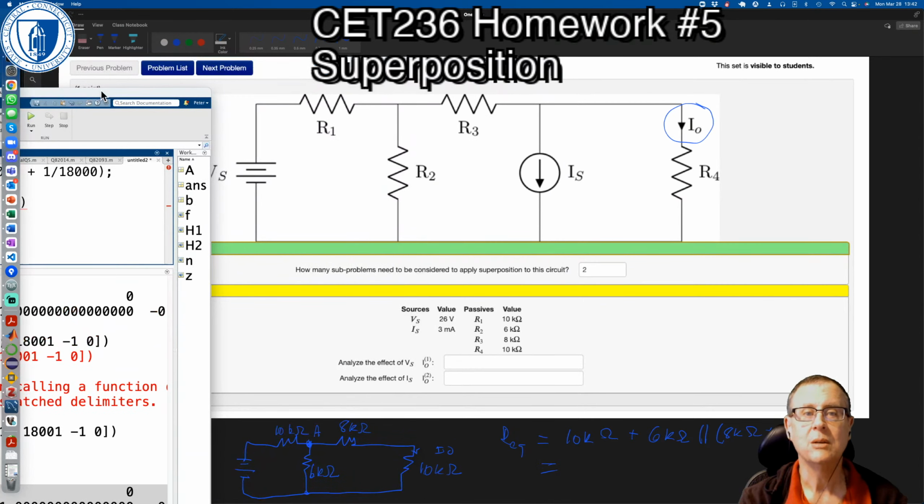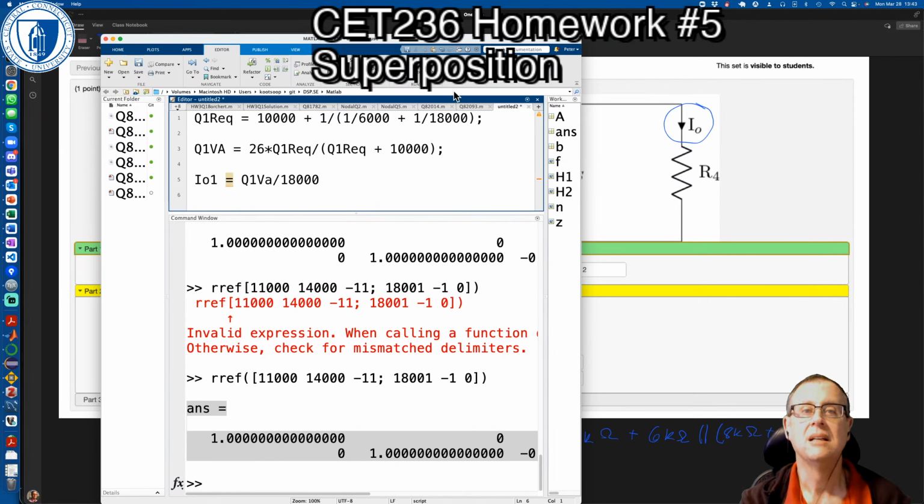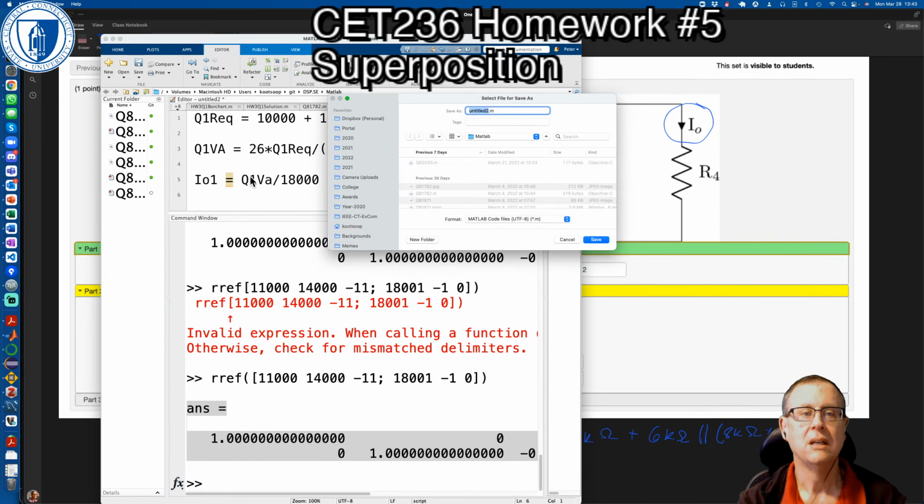What was R1? R1 was also 10k. Right, so there's our V1. So our I out 1 is going to be Q1 VA on 18 kilo ohms.